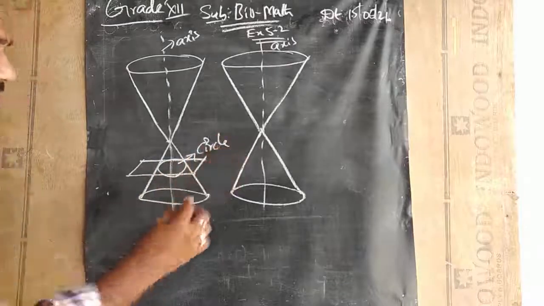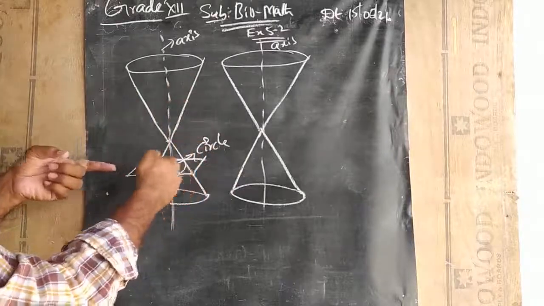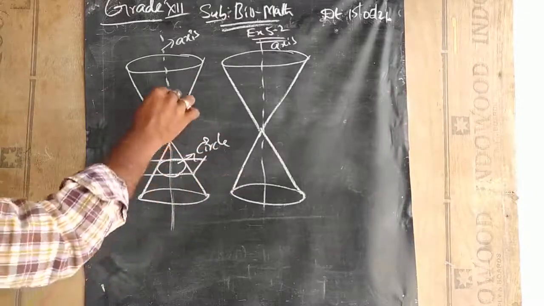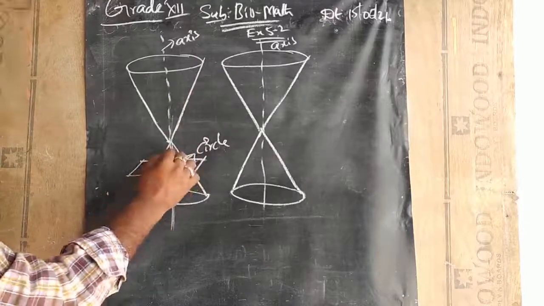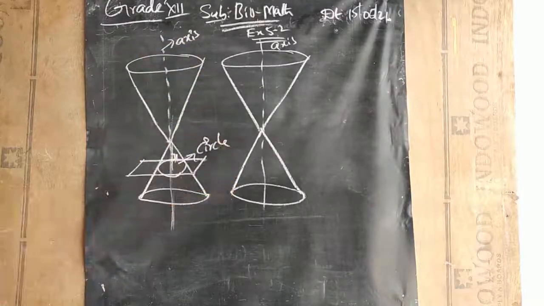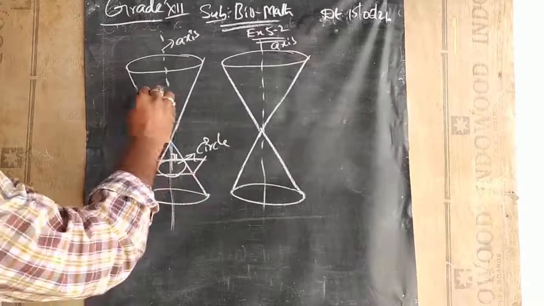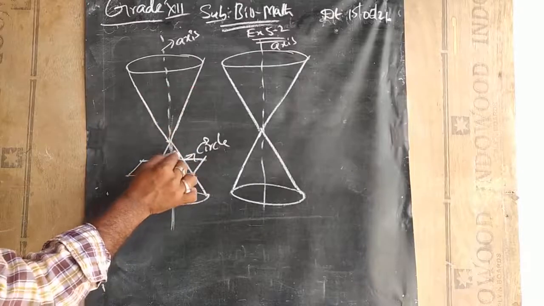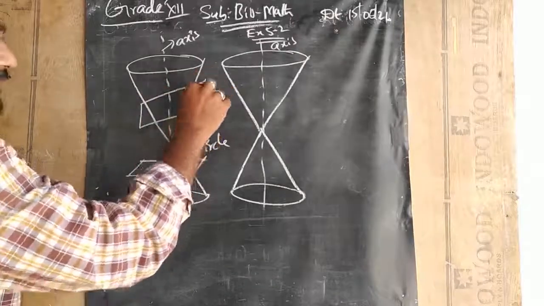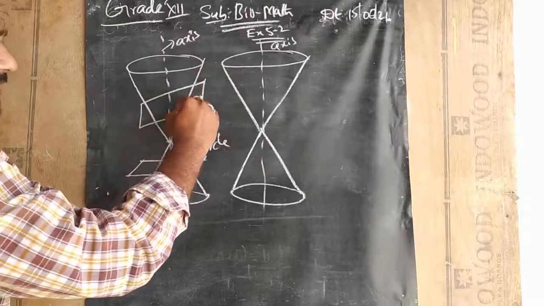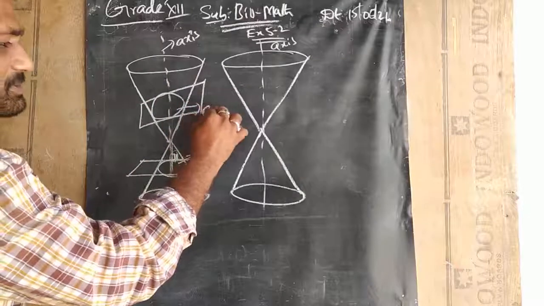So the condition is, if I am placing the plane perpendicular to the axis, then it is going to form a circle. If I am placing the same plane not perpendicular, meaning other than 90 degrees, at any angle, then the shape formed will be an ellipse.